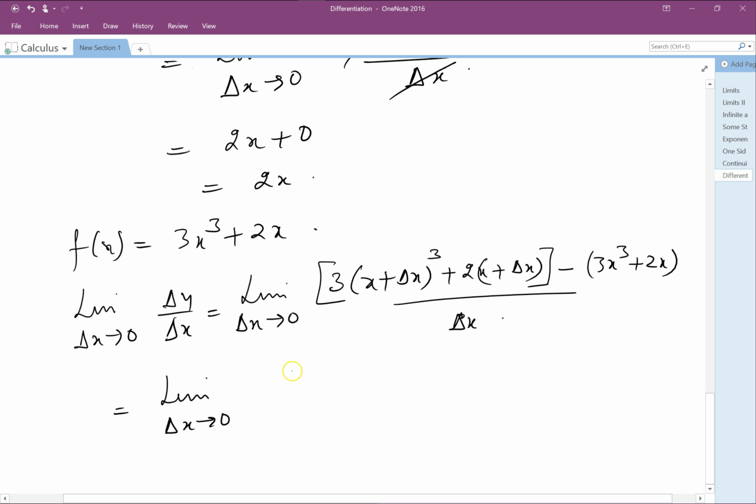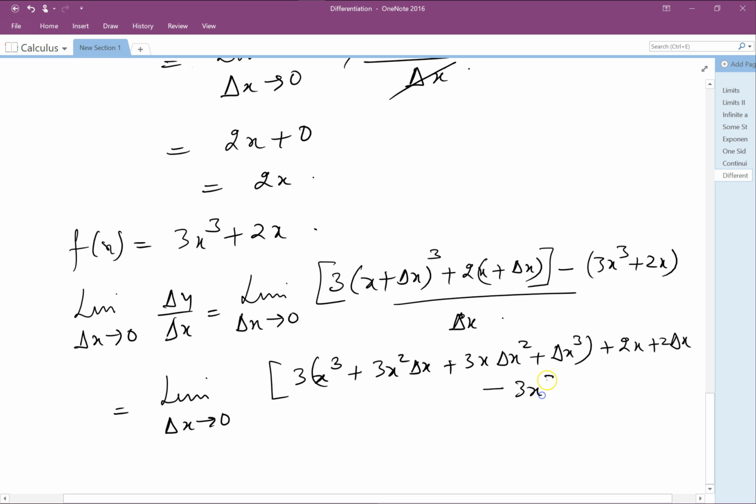Now we have to simplify it. 3x cube plus 3x square delta x plus 3x delta x square plus delta x cube, plus 2x plus 2 delta x, minus 3x cube minus 2x, divided by delta x.